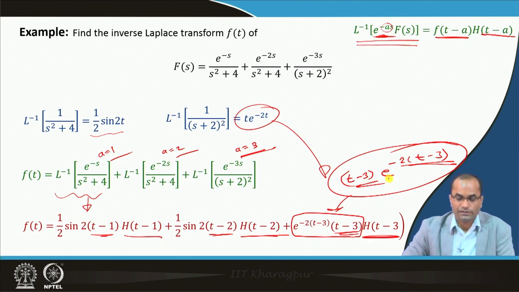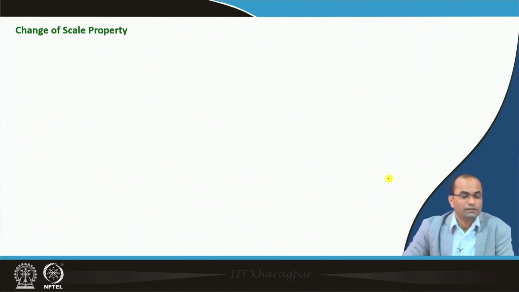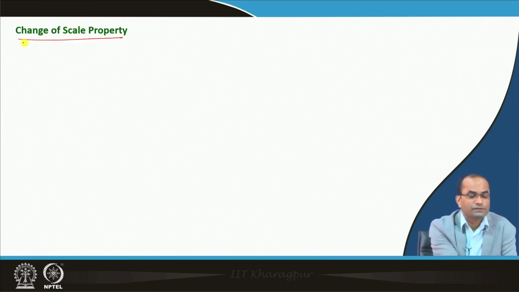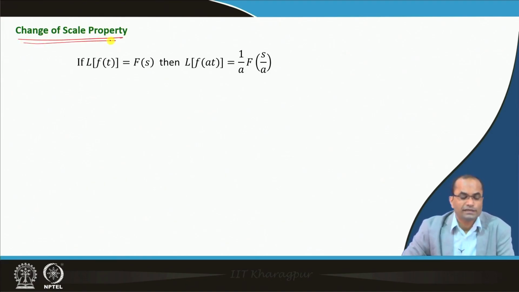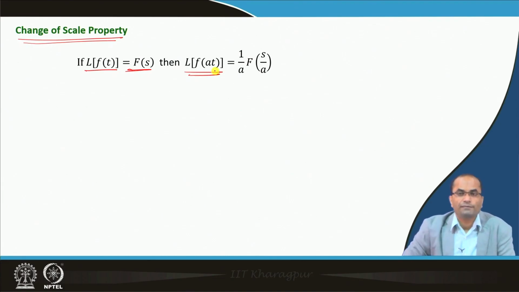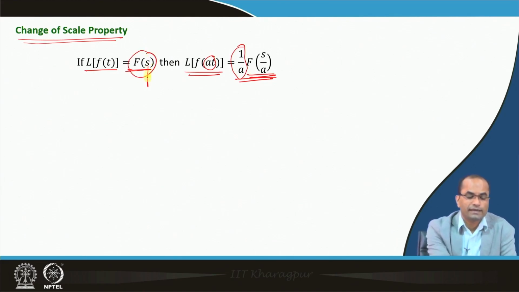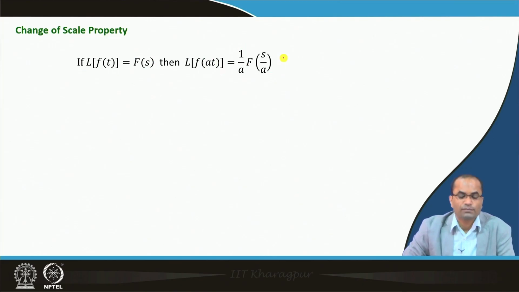Well, we come to another property, which is the change of scale property. It says that if the Laplace of f(t) is F(s), then the Laplace of f(at), where instead of t we have at, is (1/a) F(s/a).